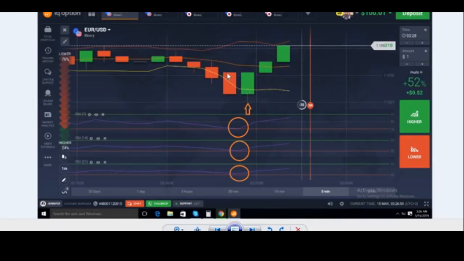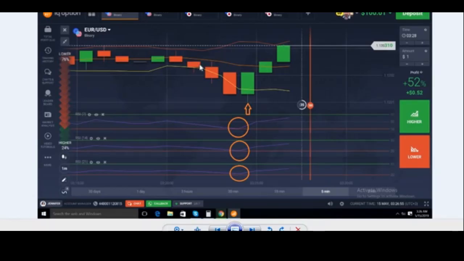So this RSI 7 is touching here, RSI 14 is also touching here at the same time, RSI 21 is also touching the oversold. All 3 are touching the oversold line at the same time, and this market is moving in a straight direction, and the Bollinger Band, all 3 bands are moving straight. And here you can see a red candle without tail and without head.